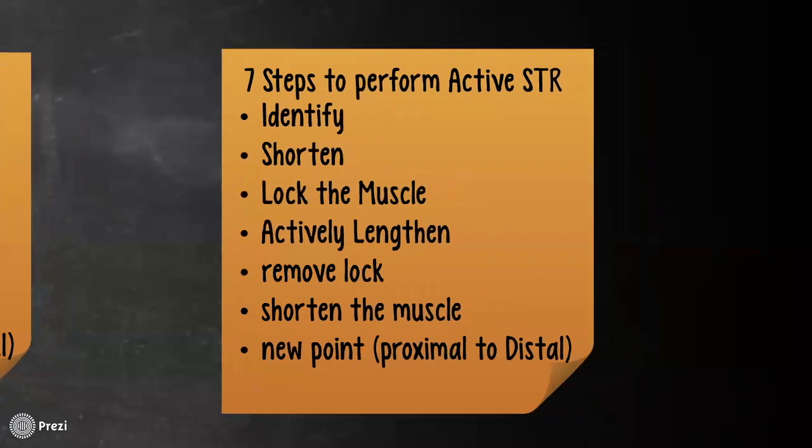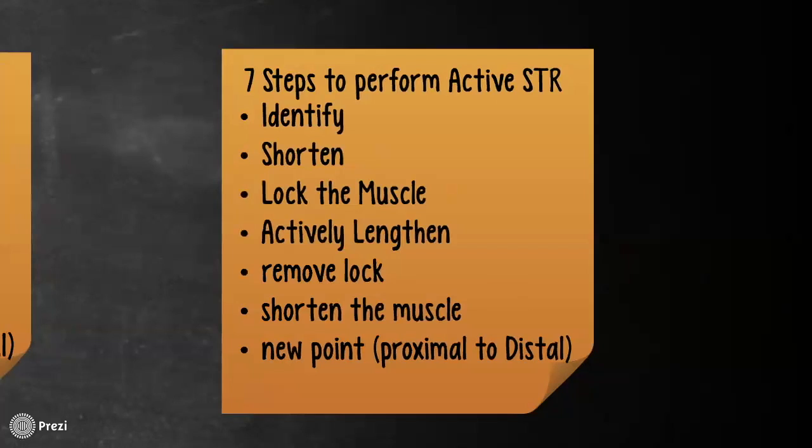Next, we're going to be looking at active soft tissue release. This is going to be a little bit different. You're going to identify the muscle and shorten the muscle, meaning you're concentrically contracting that muscle. This depends on the muscle that you're working with, but as professionals, we should understand what that means.